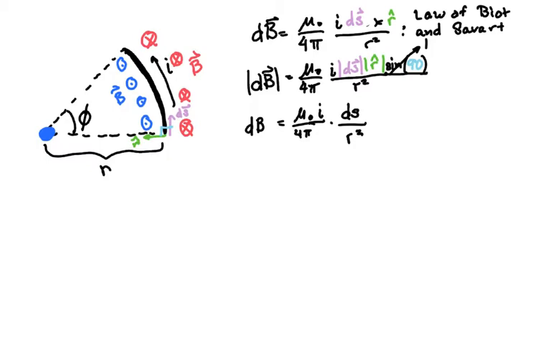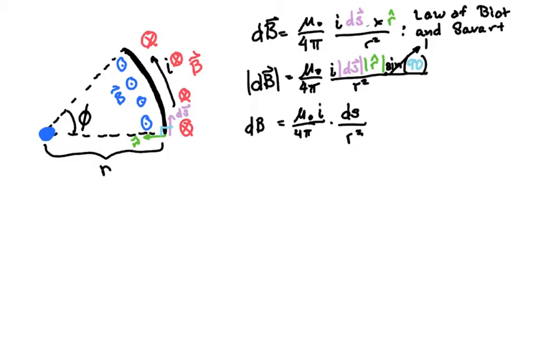That is multiplied times the sine of the angle between our vectors. And as I said before, the angle between our radial unit vector and our differential path vector is always going to be 90 degrees because we are on a circular arc. So the sine of 90 degrees is just 1. So here is our simplified version of the Biot-Savart, simplified to our specific geometry.